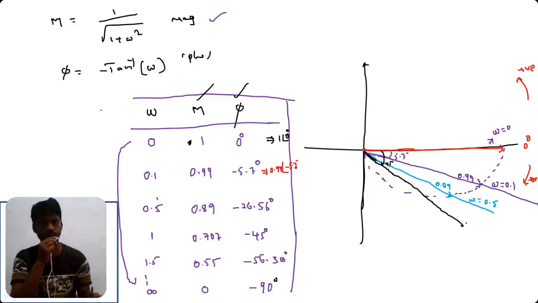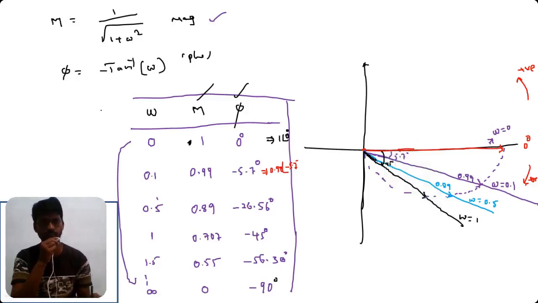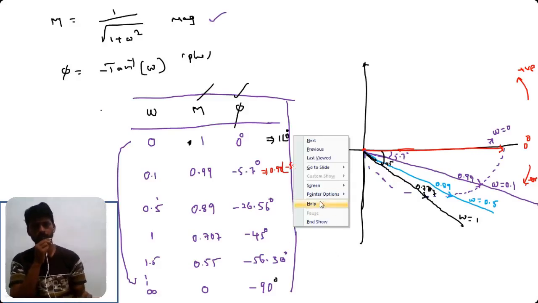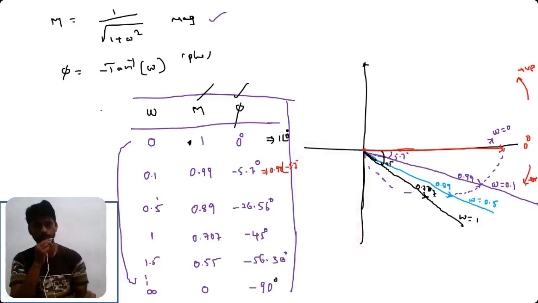This is just an approximate diagram, not an exact diagram. This is for omega equals 1 radian per second, and the magnitude is at this point, 0.707.